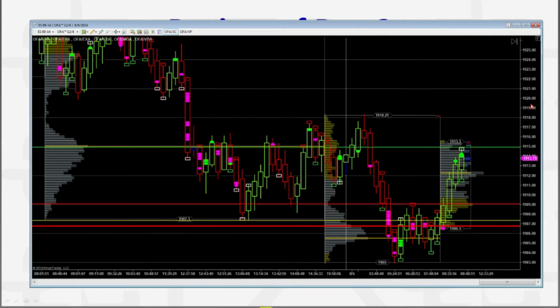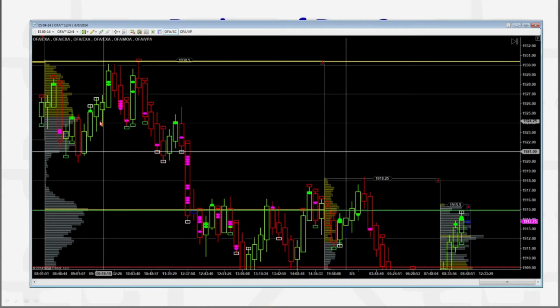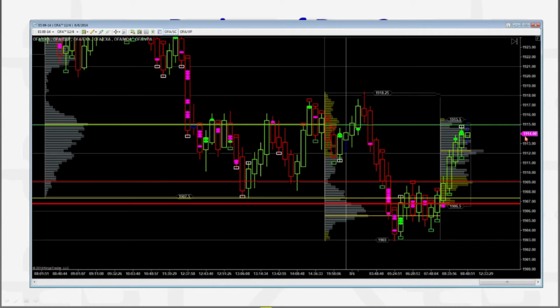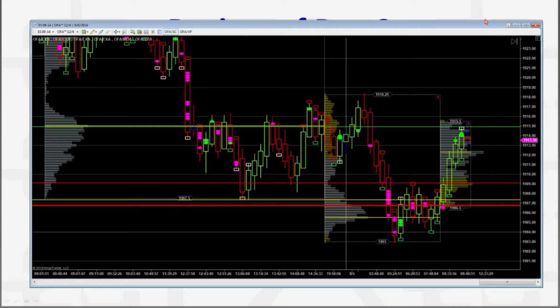And then I would look to play that long up through this distribution and up through to yesterday's high. That's how I would play, per se, a double distribution day.